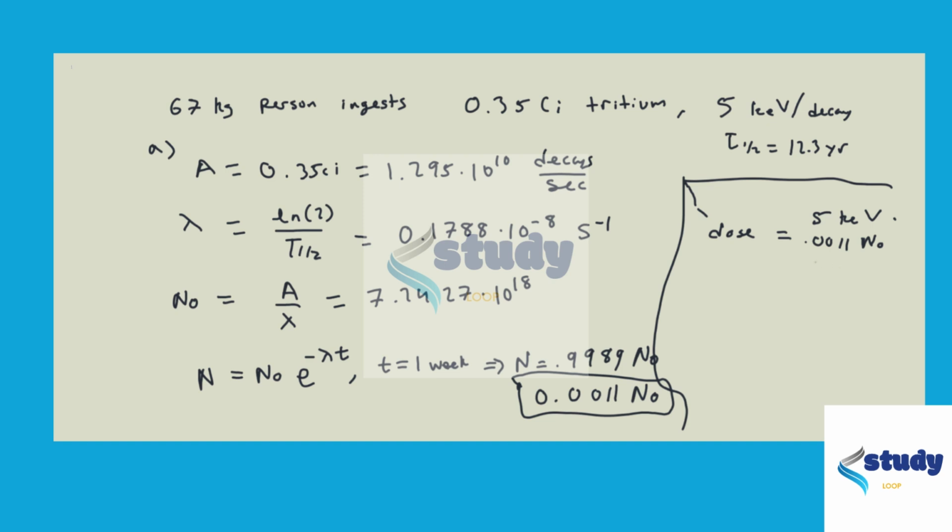We take this and divide it by the mass of the person, which is 67 kilograms. And this is the dose absorbed over the course of the whole body. And this works out to be 0.0951 joules per kilogram, or equivalently 9.51 rads. And that's our answer.